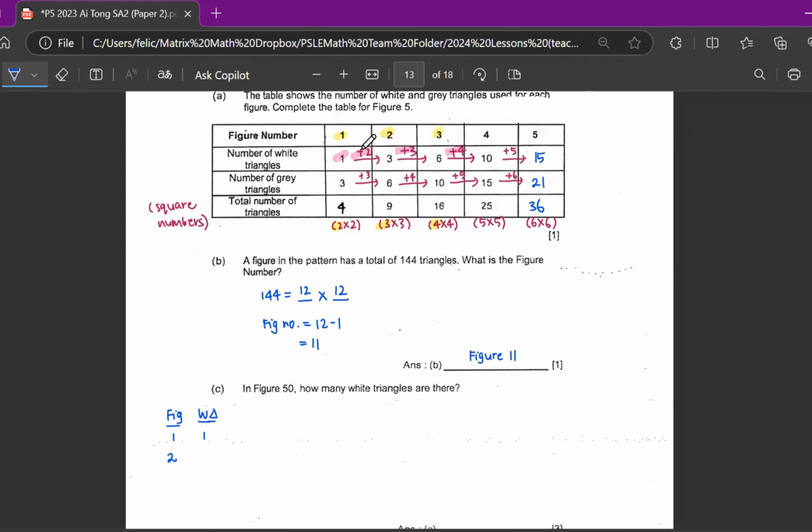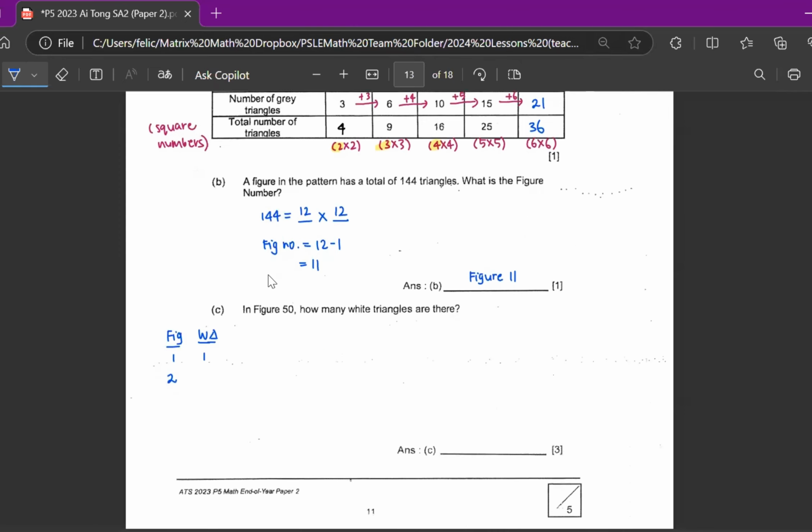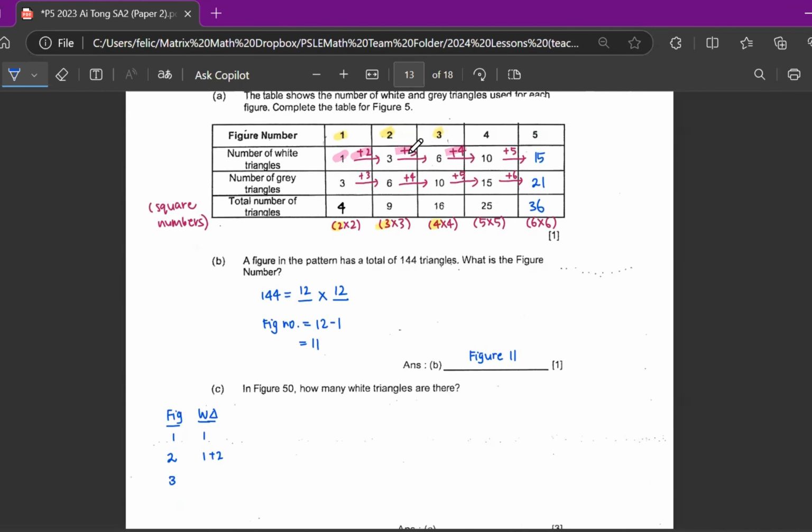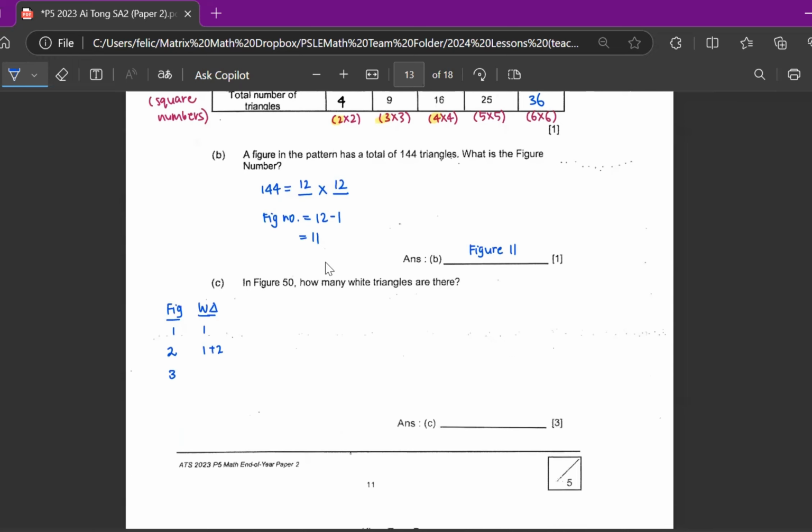Figure 2 is made up of 1 plus another 2 triangles. To get figure 3, to get 6, I don't put a 6. Putting 6 does not help you. Notice to get to figure 3 is actually 1 plus 2 plus 3. You keep adding plus 2 plus 3 to it.